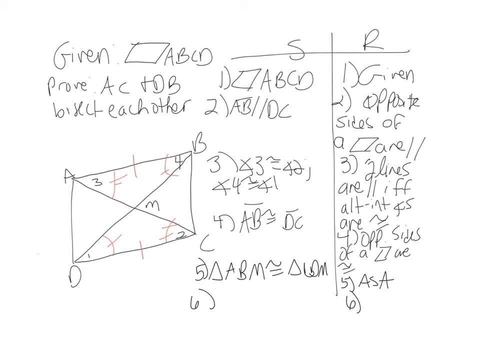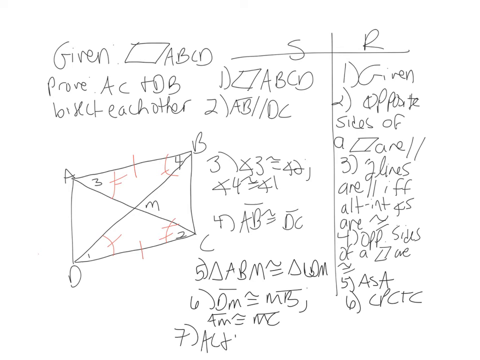Now I can use CPCTC to say that DM is congruent to MB and AM is congruent to MC. And we can say that they bisect each other.